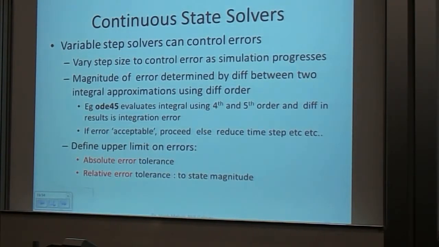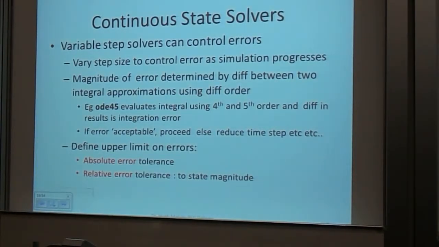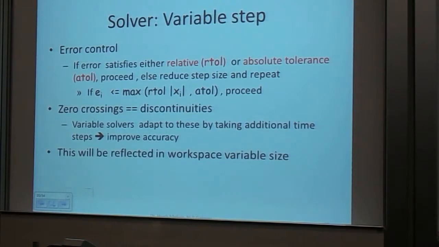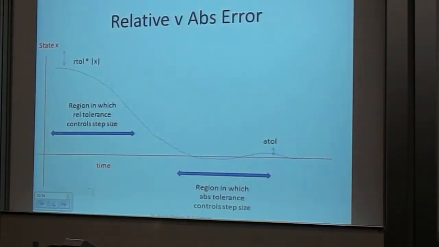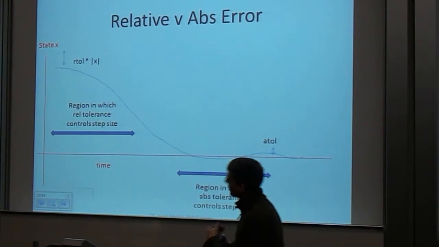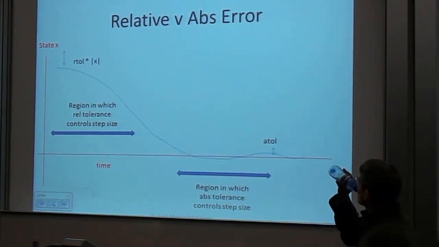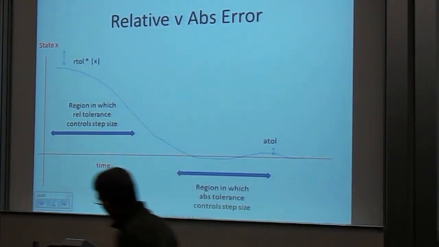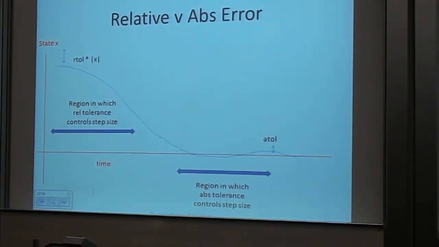By default, Simulink has error bounds, and it will run the model using those error bounds. It looks at two of them: the absolute error and the relative error. Maybe rather than trying to explain that, it might be easier to explain it here. So here we have a model, and you can see the time on the x-axis.